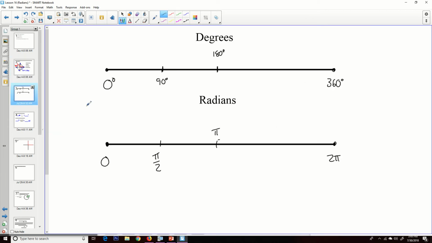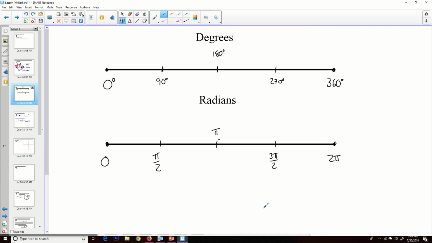I'm not going to do all of them here, just enough to get us started. Halfway between 180 and 360 is 270, and halfway between pi and 2 pi is 3 pi over 2.